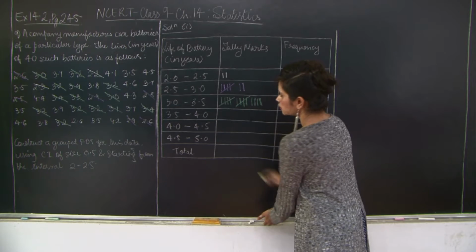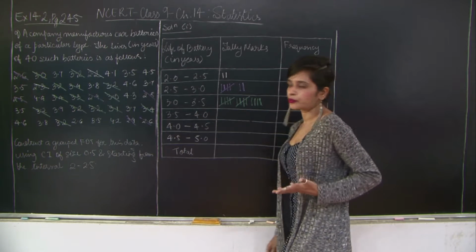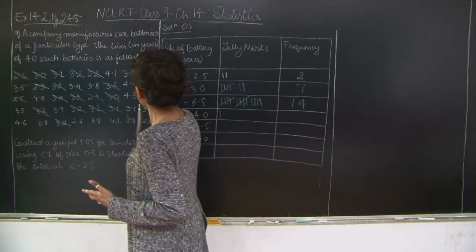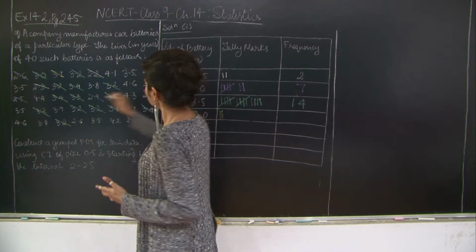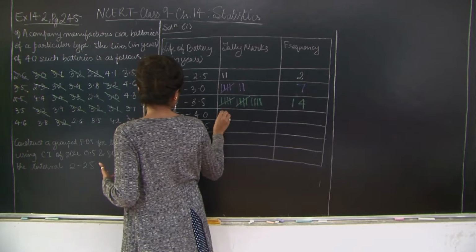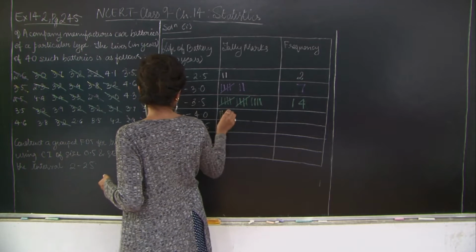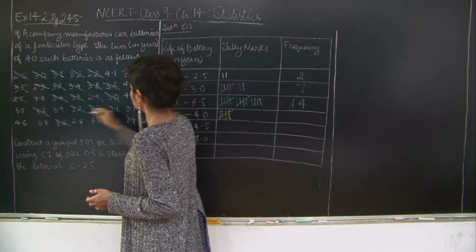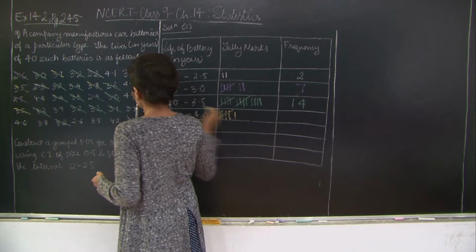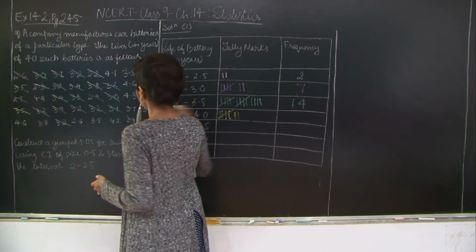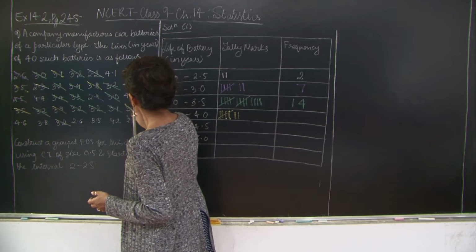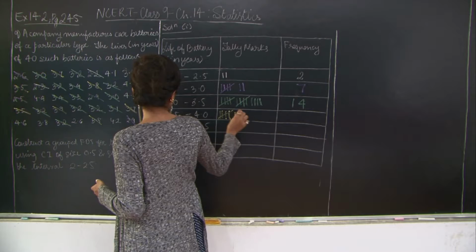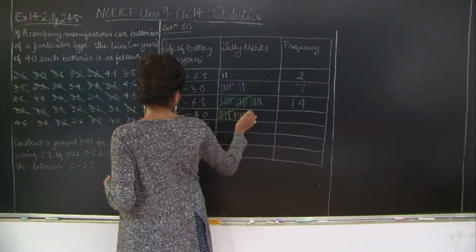Let's move on with the other category. This is 3.5 to 4.0. So I have 1, 2, 3, 4, 5, then another 1, 2, 3, 4, 5.